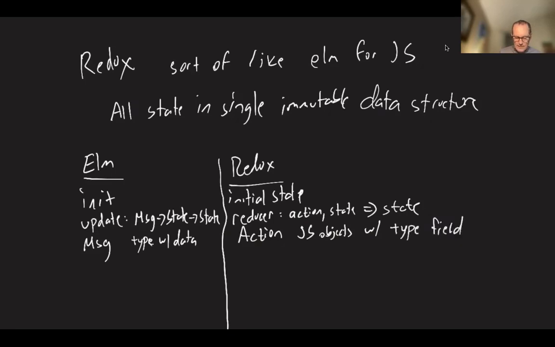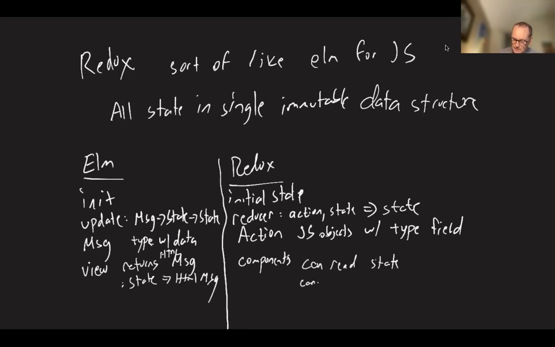And then finally, in Elm, we have view that returns an HTML message. So this is a mapping from state to HTML message. In Redux, we have components, and these components can read state and can dispatch actions.